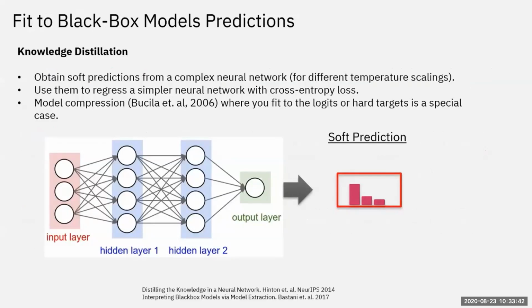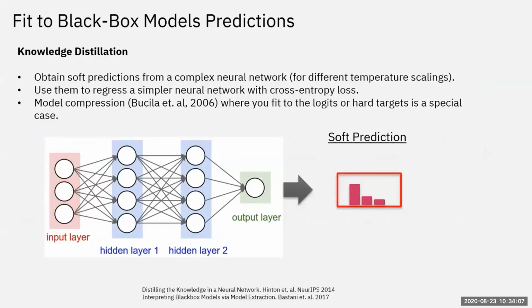So the first type of methods that do such knowledge transfer from a complex to a simple model try to essentially alter the target that the simple model fits to. Knowledge distillation is one of the most popular techniques to do that. The idea is to fit the simple model to soft predictions of the probabilities of the outputs of the complex model.